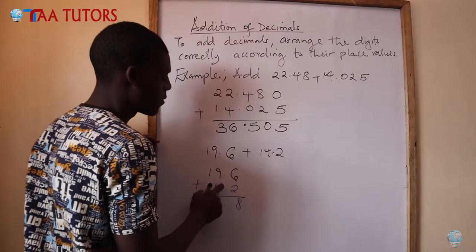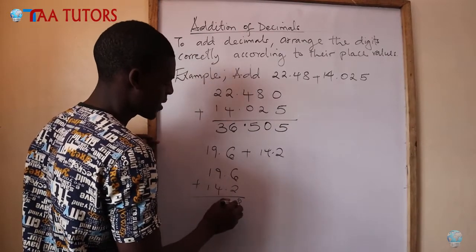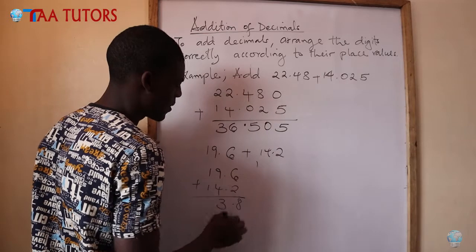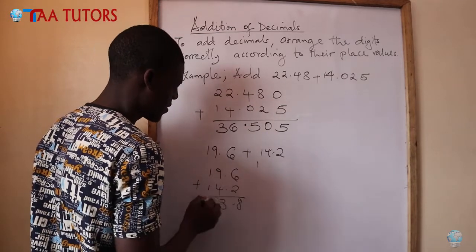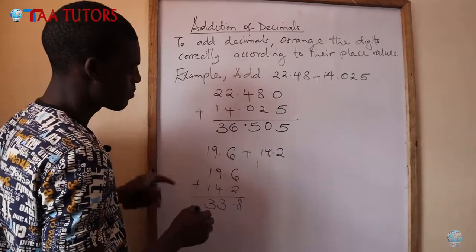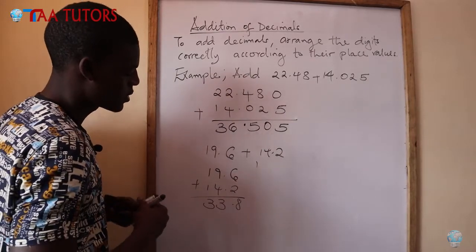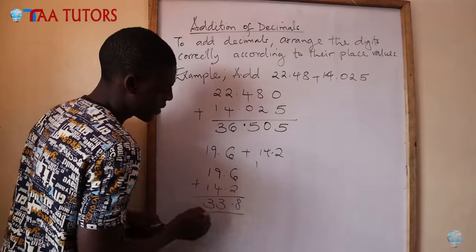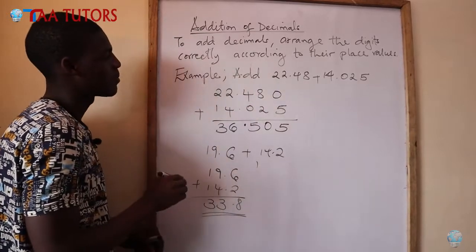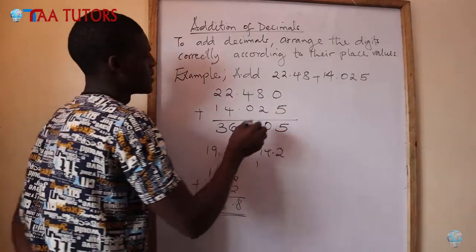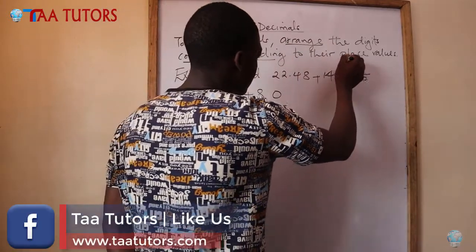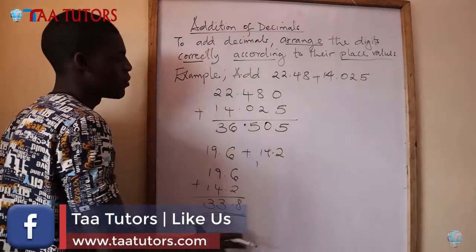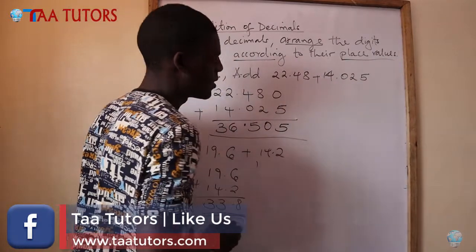Then 9 plus 4 is 13. We will write 3 and carry 1. Then 1 plus 1, 2, 2 plus 1, 3. So 19.6 plus 14.2 is 33.8. This one now becomes our answer. Always remember to arrange the digits correctly according to their place values. That one will now enable you to carry out your operation easily.